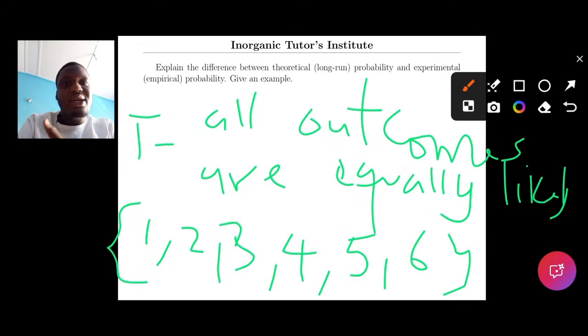It's the same chance that you get a 1. That's what we mean by all the outcomes being equally likely. This is restricted to theoretical or classical probability. That's the assumption, and that's the example I have given. Also, in a toss of a coin, the outcomes are equally likely. Head, tail, 50-50 chances. That's what we mean there too.